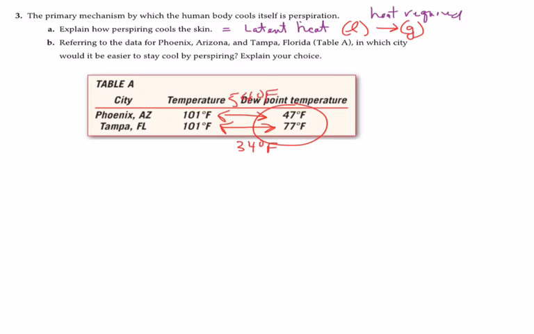So in Florida, you're right, it's easier, so we're closer to the dew point temperature, DPT. So if we're closer to the dew point temperature, what would you say about the humidity? It's higher humidity.